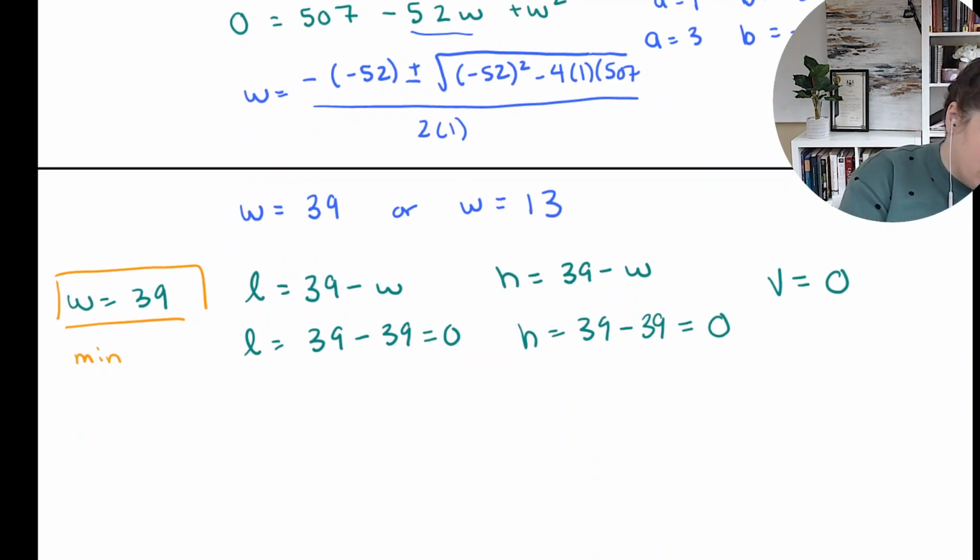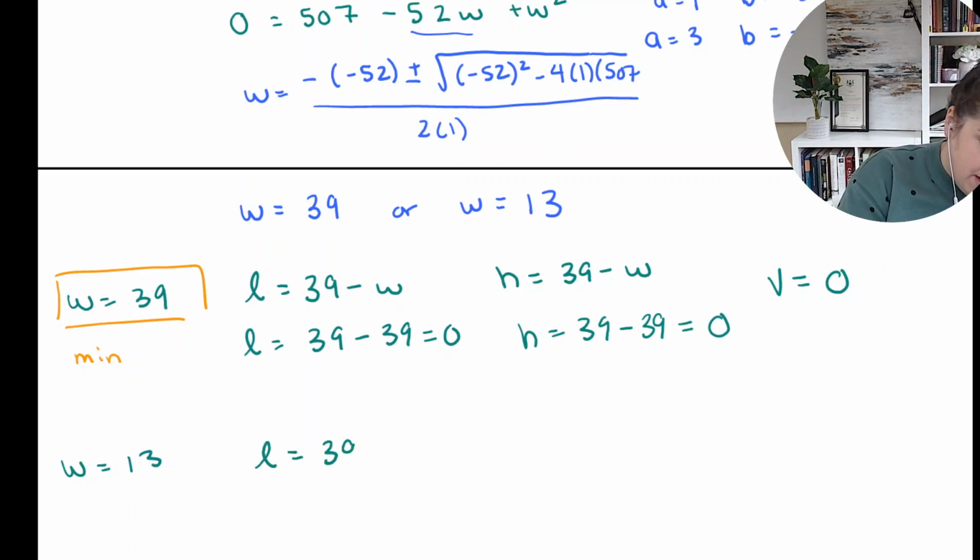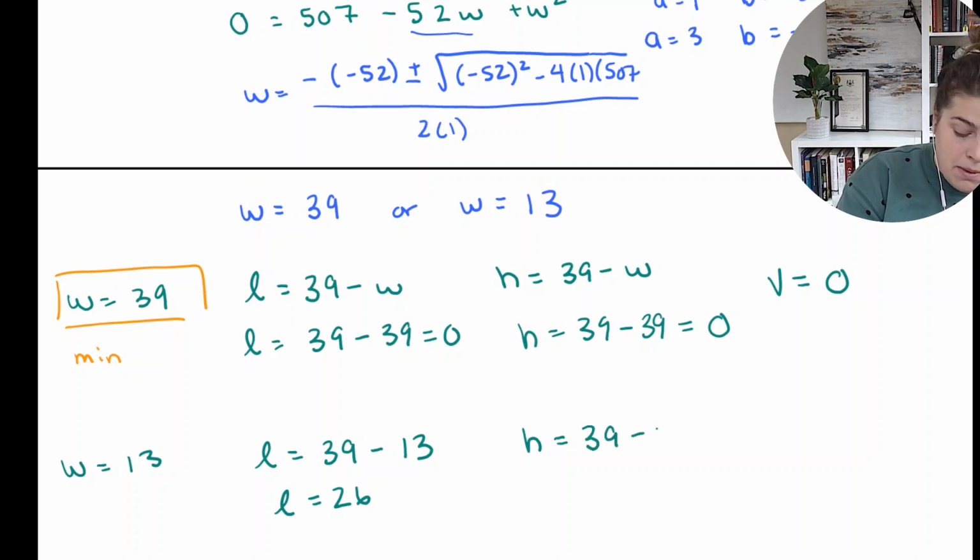And so then if we look at, okay, what happens when W is 13, right? We're just going to go through and do the exact same calculation there. So for our length, it's going to be that 39 minus W, so minus 13. So our length is 26. Our height, 39 minus 13, so it is also going to be 26.